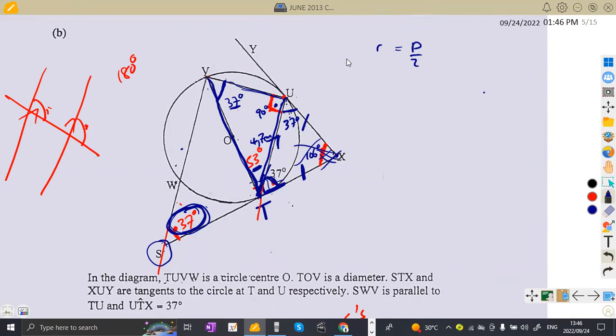By calculating the diameter, which is VT, I'm just going to take this shape here that has V to T and the angle of 90 degrees. We've got V, this is our O here, this is our T. This is your U, which is at 90 degrees.